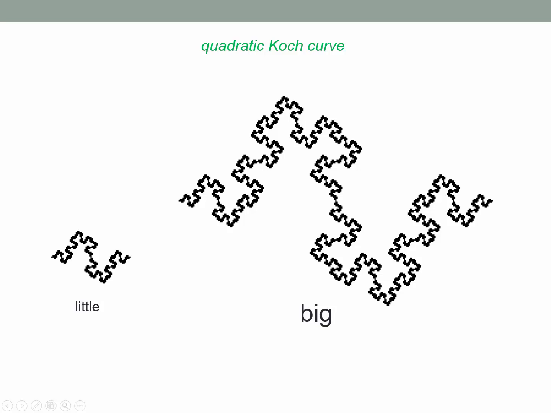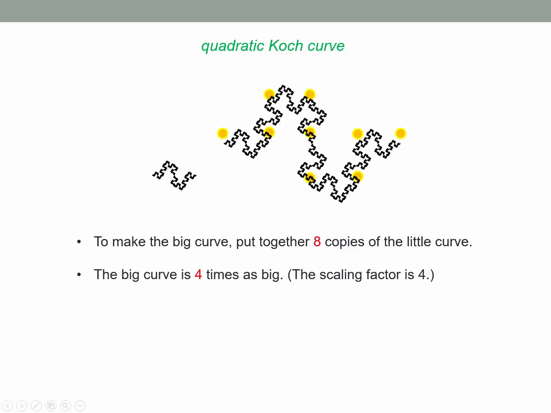So I'm showing you a big Koch curve, and I'm showing you a little one, which is a piece of the big one. In fact, how many of those little pieces do I have to put together to get the big one? Now that may be a little bit hard to see in the picture, but here's some help. And also I had a little bit of help from Microsoft in somehow managing not to overlay my pictures exactly where I want them.